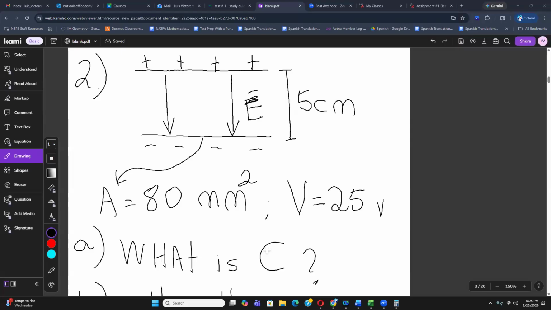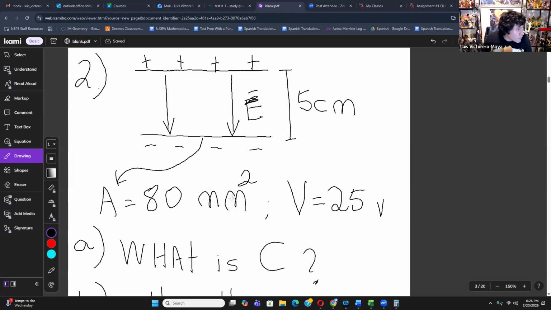First, we have to convert 5 centimeters to meters. 0.005 meters. It's the C equals epsilon naught A over D equation.